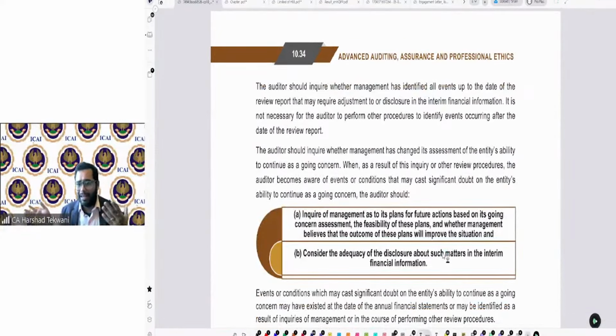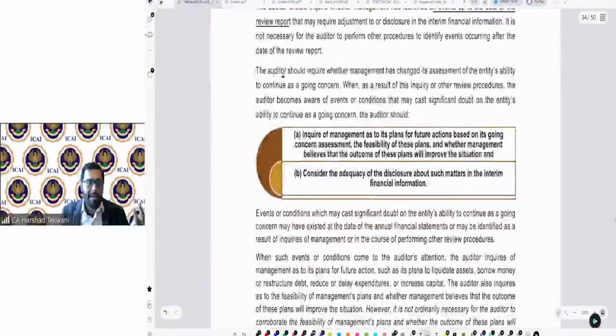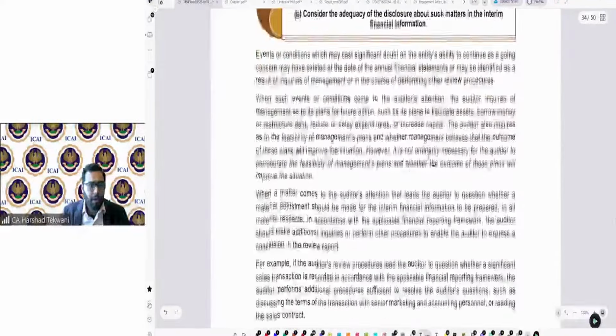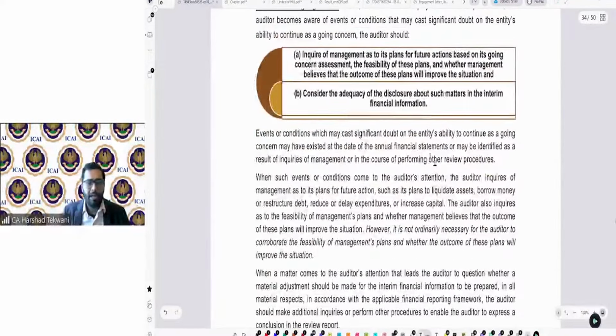Similarly, on the same lines as in SRE 2400. Again, all the events up to the date of the review report, subsequent events, the entity's ability to continue as a going concern, same, there is no difference. The matter we have seen, for example, in SRE 2400 with respect to going concern, similarly, it is applicable here.